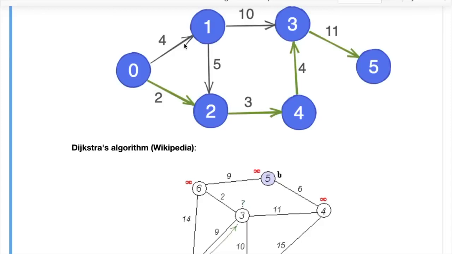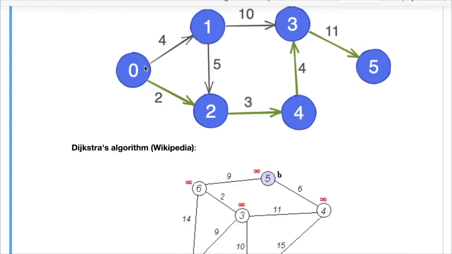So for example, we have 1 and we have 2. Now you have a direct edge from 0 to 2, and you have a direct edge from 0 to 1. 0 to 2 has the weight 2 and 0 to 1 has the weight 4.